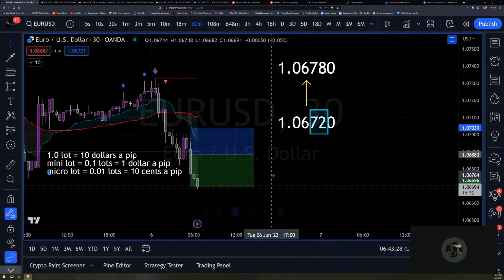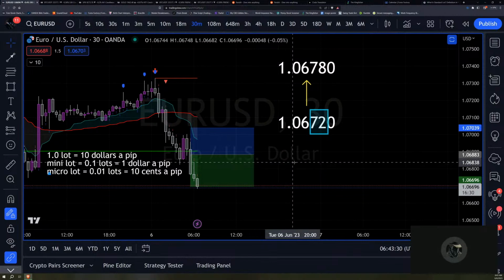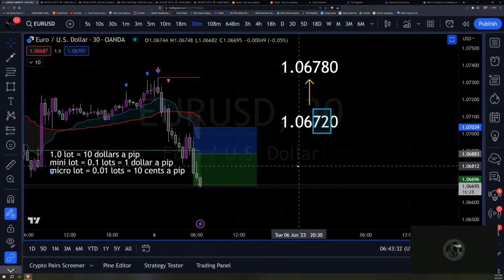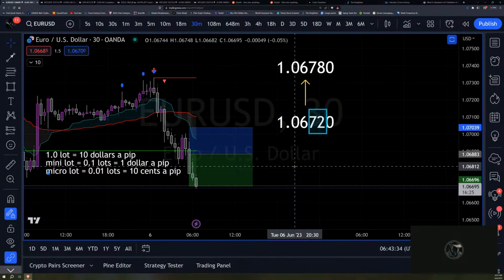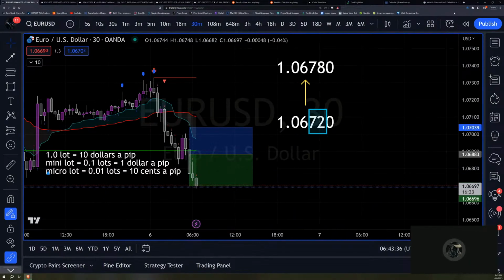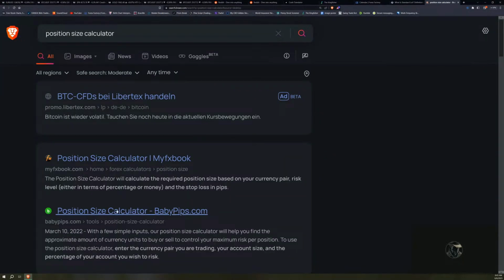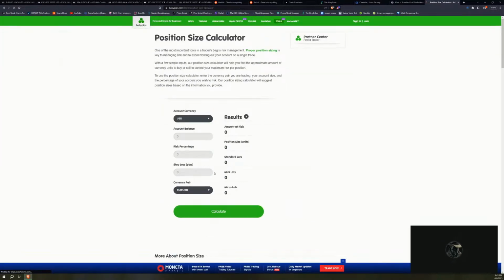Okay, so the way to understand lots and how to do the math is, there is a position size calculator that just makes this really easy. You don't have to think about it. Over at babypips.com, which is a great resource.